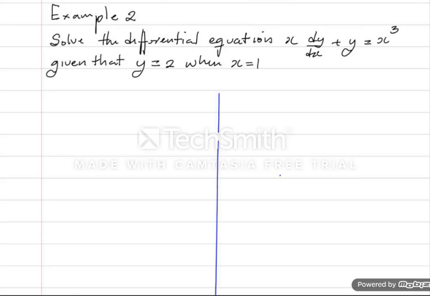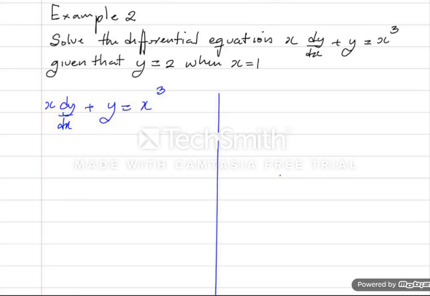First of all, we have to be able to look at this and see that it is first order linear. Now, the issue is we have x dy by dx plus y equal to x cubed.